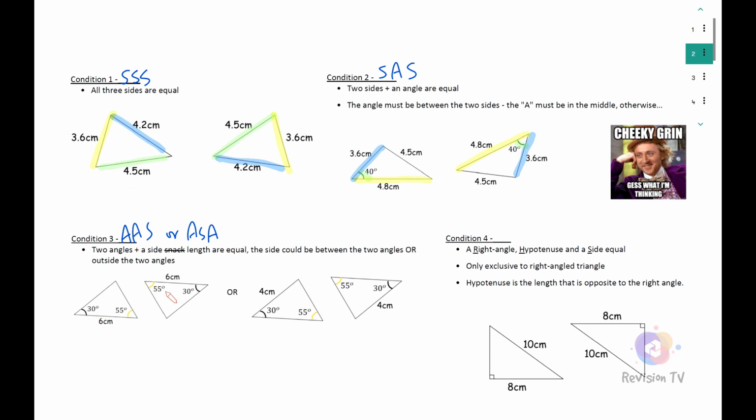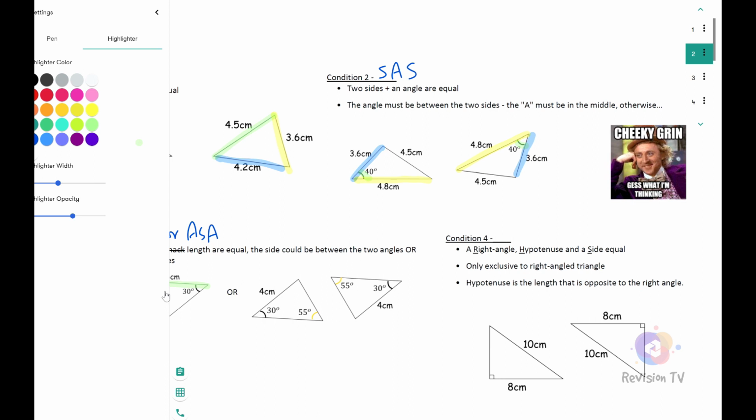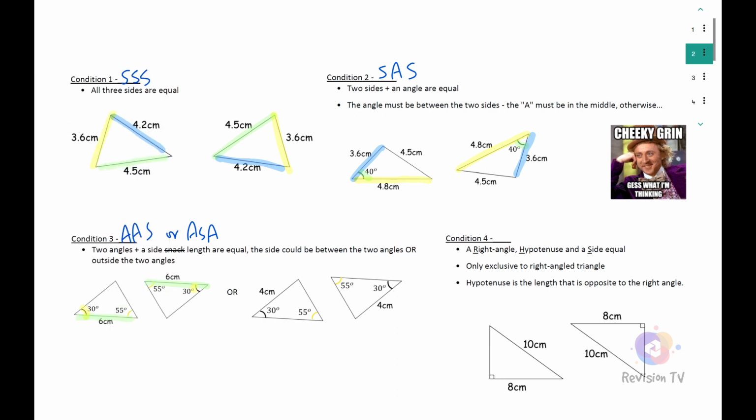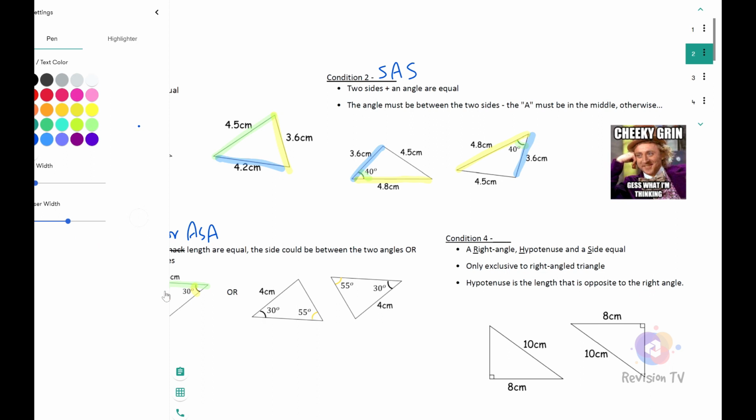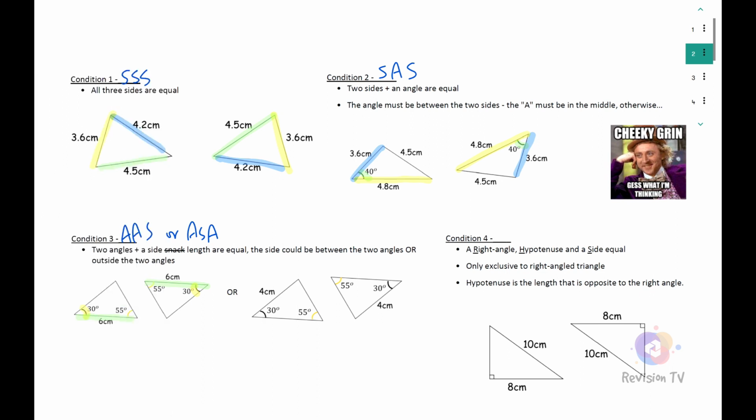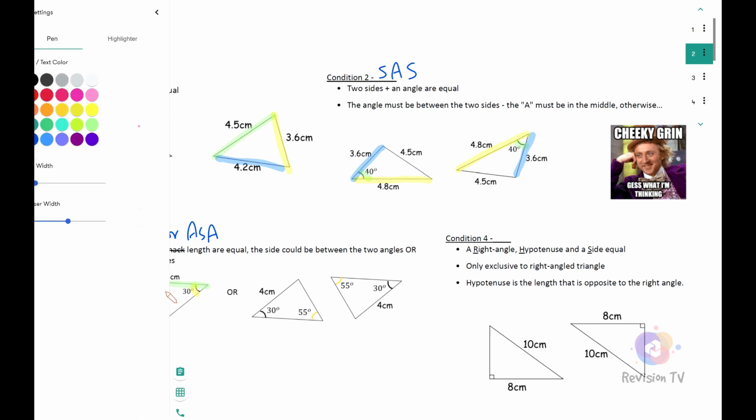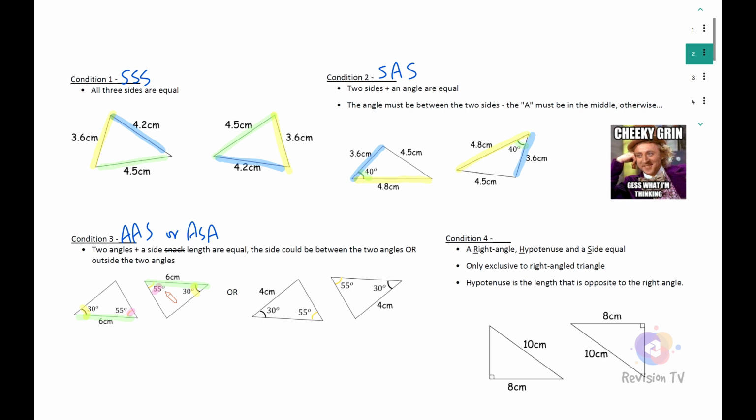Now this one, you can see the 6 centimeters, and then we've got two angles, 30 degrees, 30 degrees, and 55 degrees, 55 degrees. So you can see the side is buried in between the 30 degrees and 55 degrees. So that's ASA, angle, side, angle. But this one, 30 degrees, 55, 30 degrees, 55, but the 4 is outside the two angles. We call it AAS, angle, angle, side.